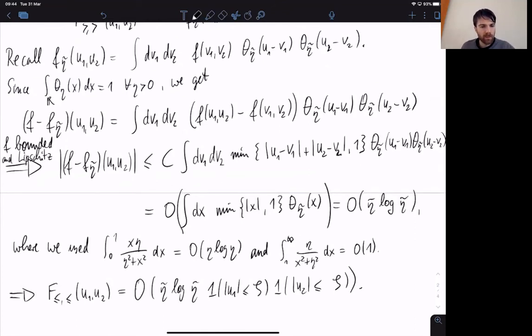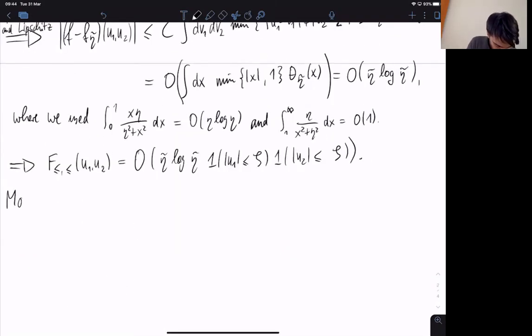The next thing we will do is we have to estimate the other terms, and this is maybe a little bit more complicated. So how does this look?